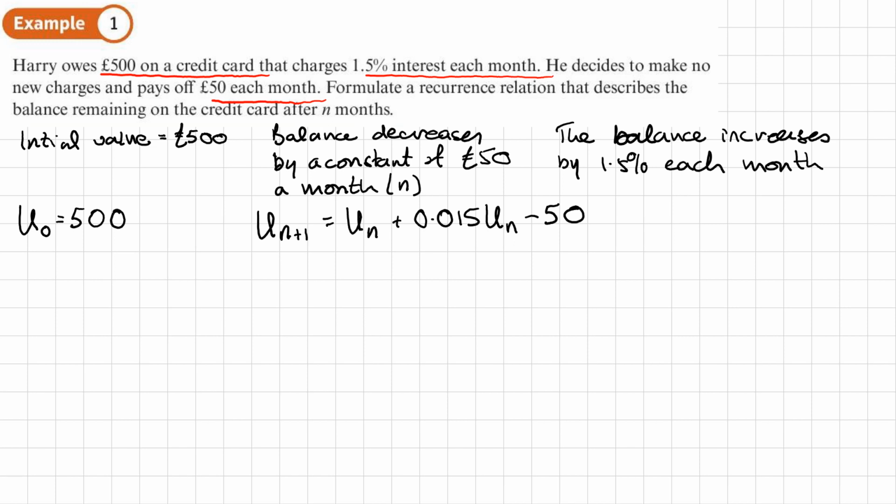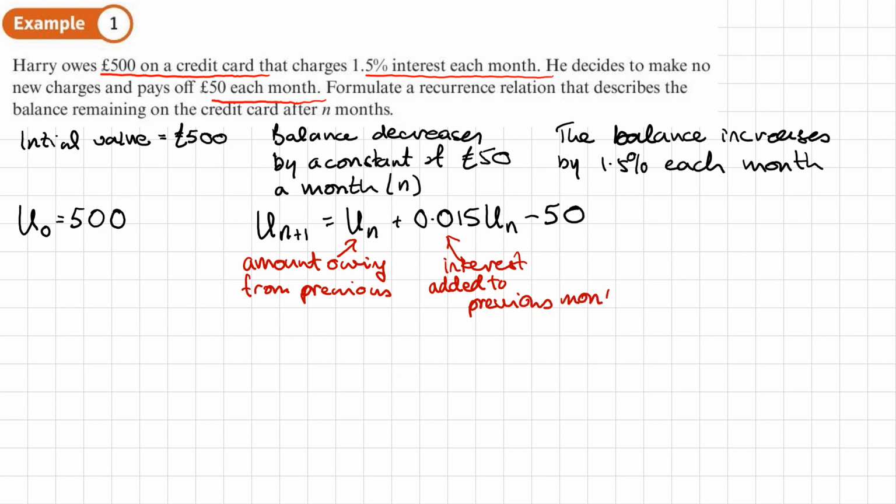Okay, so if I was to label this out, this Un is the amount owing from the previous month, this is the interest added to the previous month, and then last of all, this 50 is the £50 paid off each month.